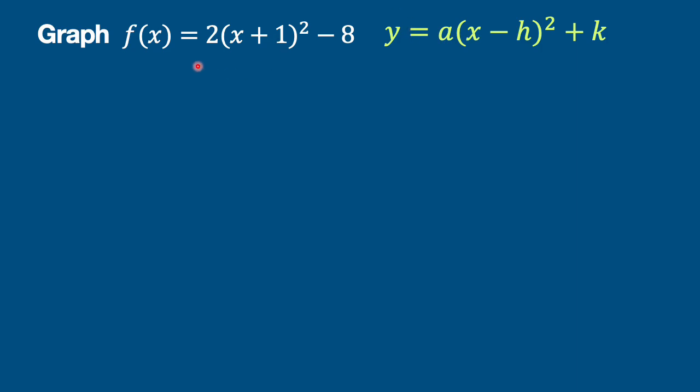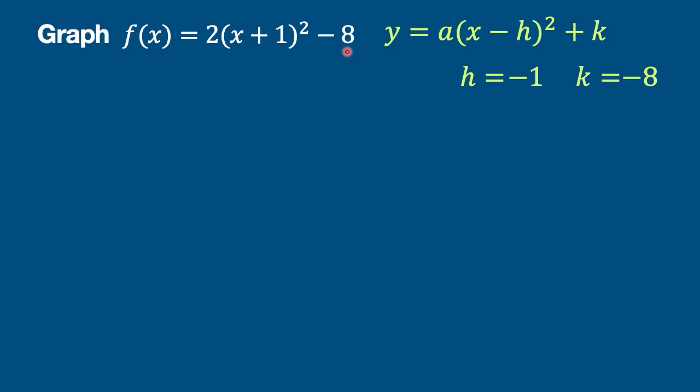Let's sketch the quadratic function with the vertex form. Guys, remember this form. First you have to check h. Here, thinking about transformation, this goes to the left 1, left meaning negative 1, and this goes down, down meaning the k value is negative.